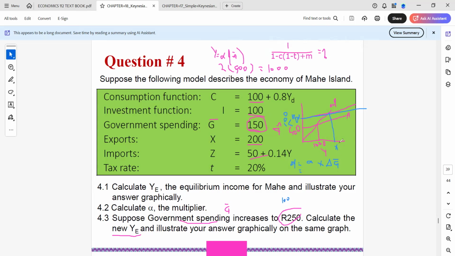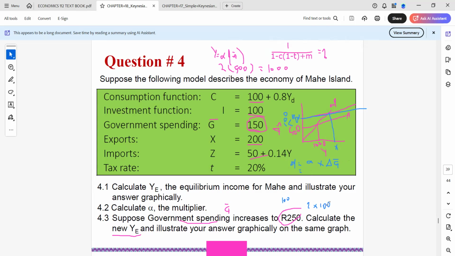We're looking for equilibrium income, but to get the equilibrium income, we will firstly want to calculate the change in income. Our multiplier, we calculated it, it's 2. Let me just write here. The multiplier is 2 times the change in government spending, which went from 150 to 250, so the change was 100.